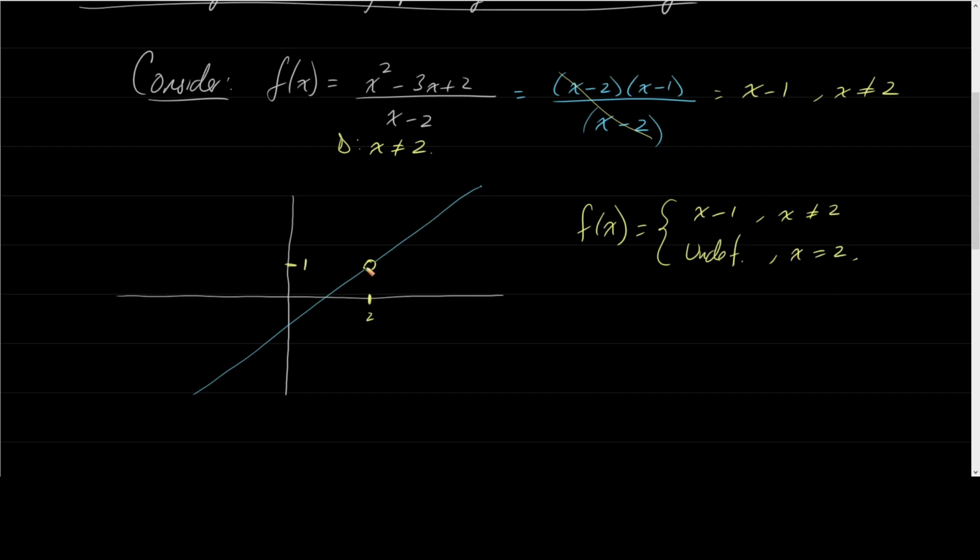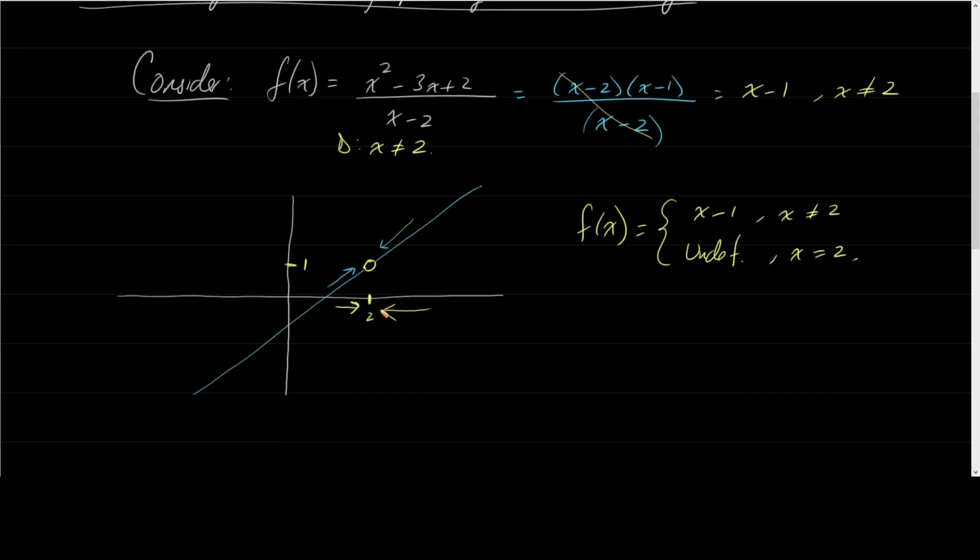But again, the idea is what's happening at 2. If the x values approach 2 from the left, what are the y values doing? They're approaching this height. Similarly, if I look at the x values coming from the right, we can consider what the y values are doing from the other side.